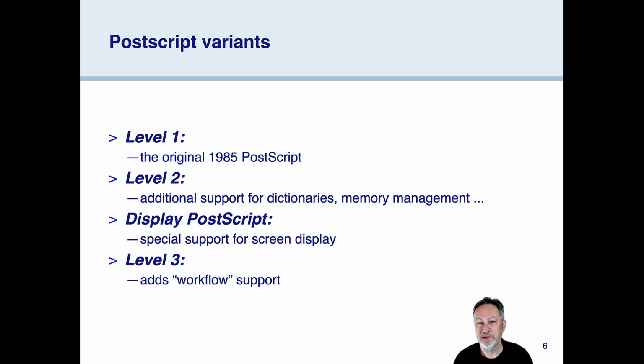There the idea was, instead of using PostScript only to produce printed paper from printers, that it could actually be used to provide support for the display on the screen. One of the machines that supported this was the NeXT machine, which was a project of Steve Jobs after he left Apple in the 1980s. The NeXT machine had support for display PostScript.